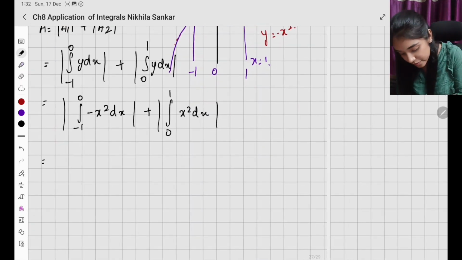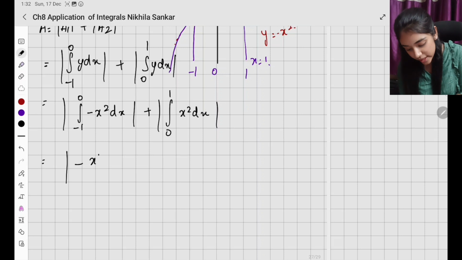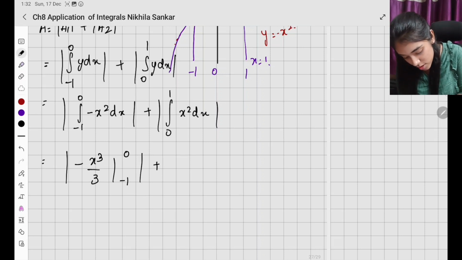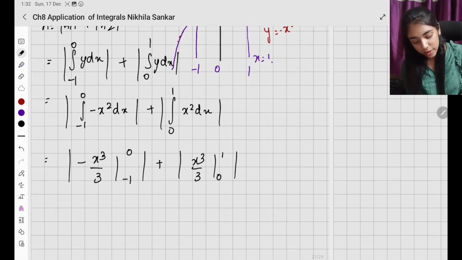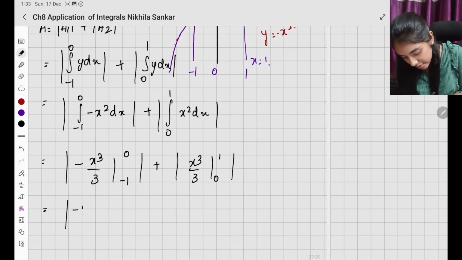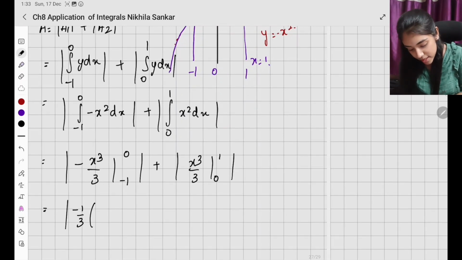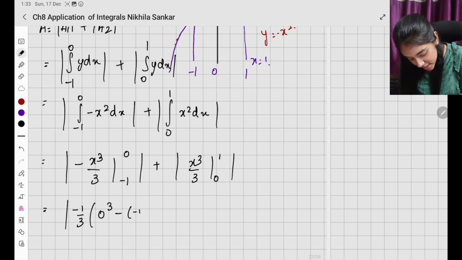So when I simplify, I have modulus of minus x square dx, whose integral is going to be x cube divided by 3 from minus 1 to 0 plus x cube divided by 3 from 0 to 1 inside the absolute value. Okay, now when I substitute, I have minus 1 by 3, upper limit minus lower limit. So 0 cube minus minus 1 the whole cube, plus in this place 1 by 3 is a constant, x cube.